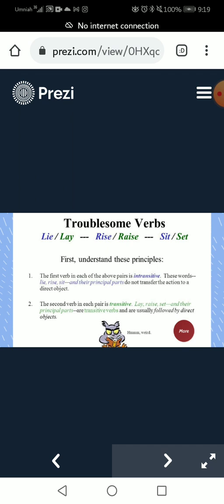So they are intransitive verbs. While the second verb in each pair is transitive, like lay, raise, set, and their participle parts are transitive verbs and are usually followed by direct objects.